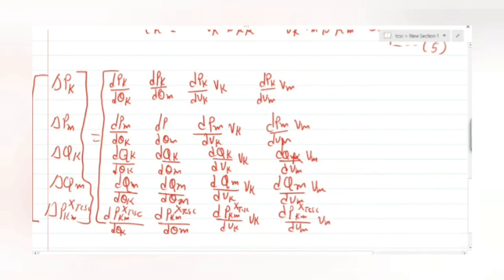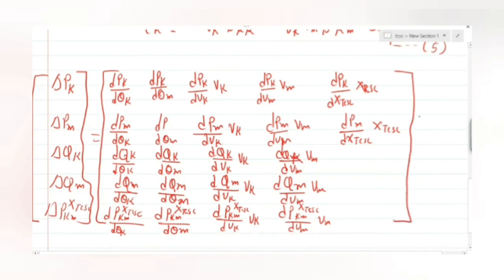And now the next variable is the change in power due to the TCSC reactance. So your equation becomes del Pk upon del x TCSC into x TCSC, similarly del Pm upon del x TCSC into x TCSC. This is in matrix, which is called the Jacobian matrix in the NR method.